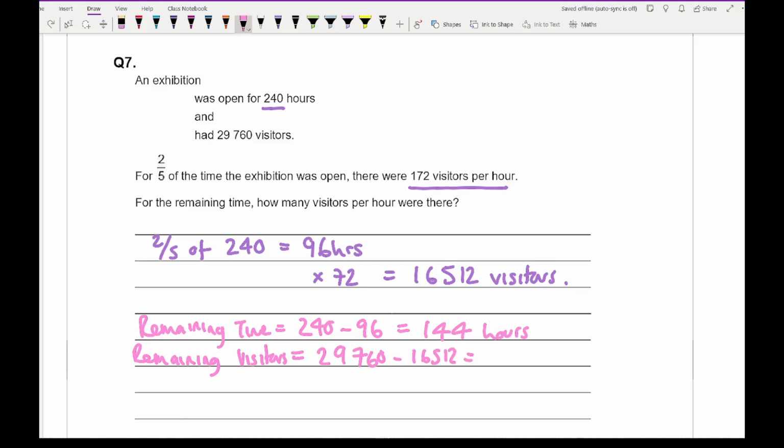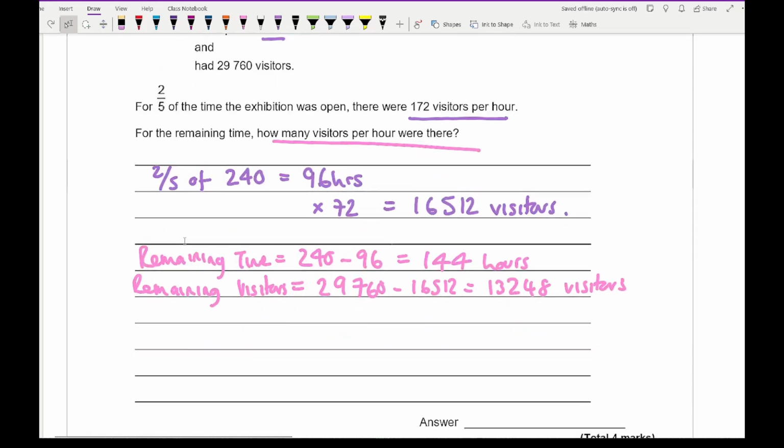And I get an answer of 13,248 visitors. So all that's left for me to then do is work out the visitors per hour. So then the rate is going to be 13,248 divided by 144, which gives me an answer of 92. And there we go.